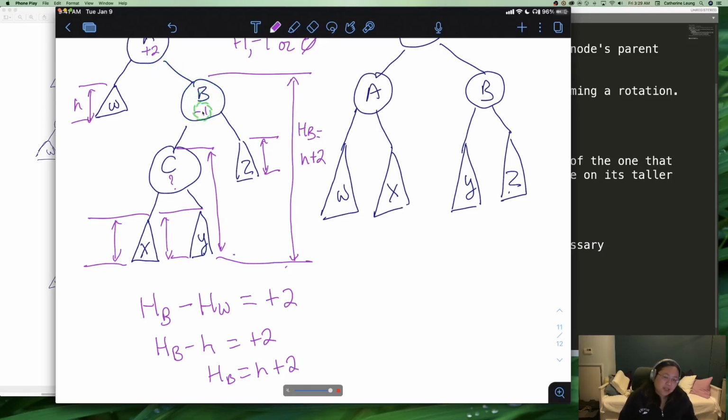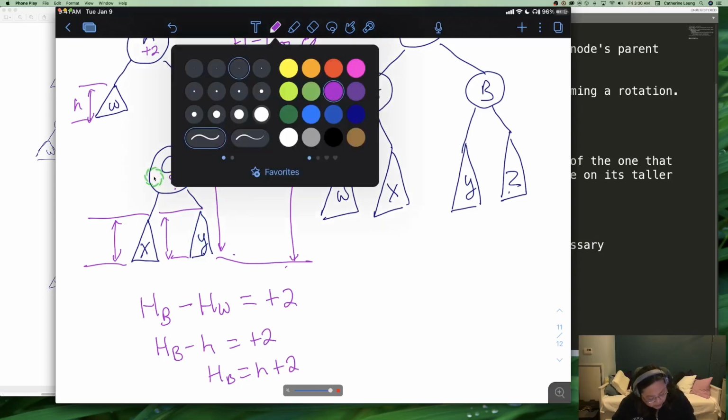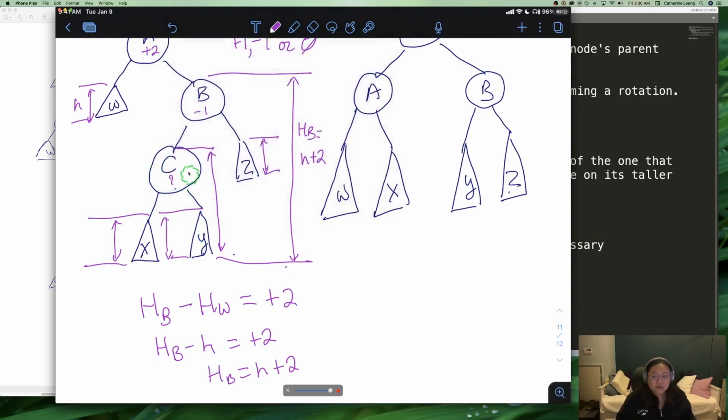So if B's balance here is -1, then C, this tree right here, all of C, is the taller of the two children. So what this means is that the entire C tree is the thing that holds up the B node, okay?